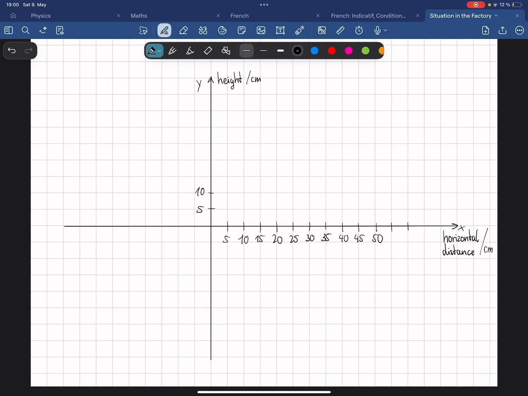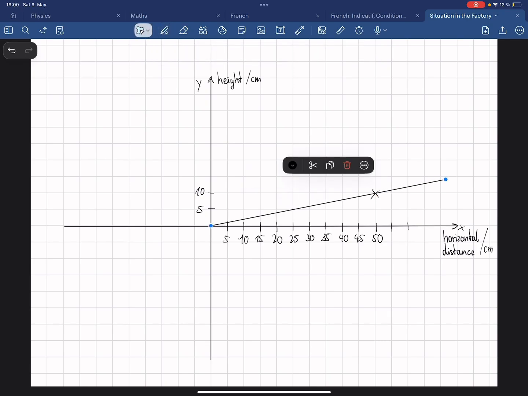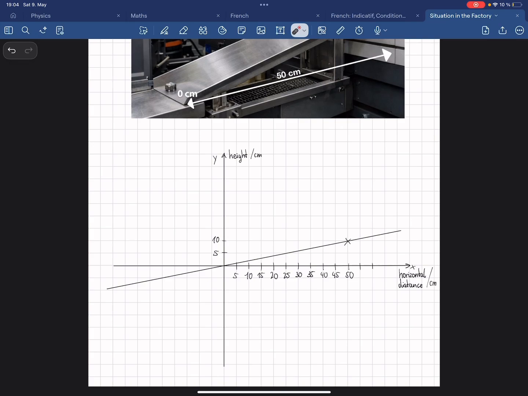So our point is here. Now we can draw our linear function. Okay, now we have our graph. And now we can just read off our linear function for that graph, which represents the slope. And after, we're going to quickly test if we actually got the right linear function.